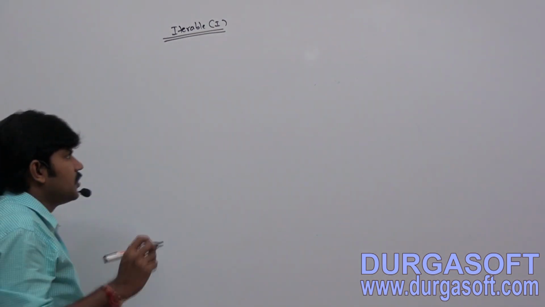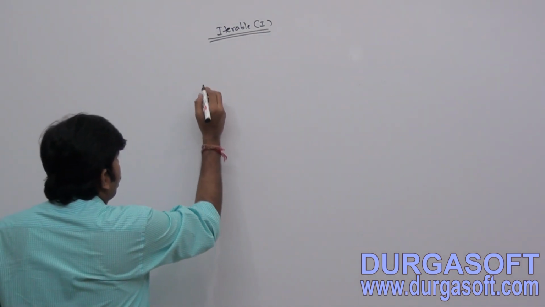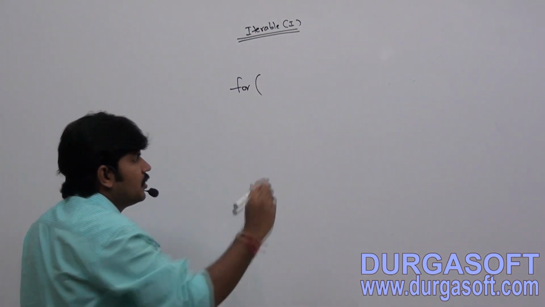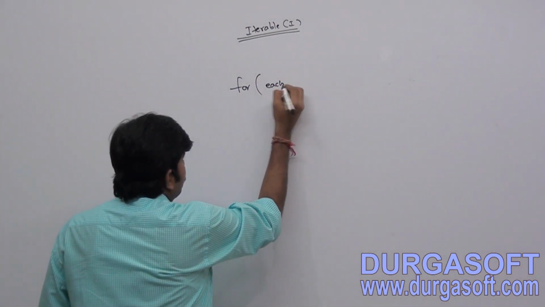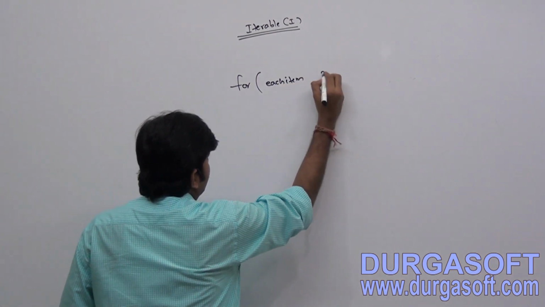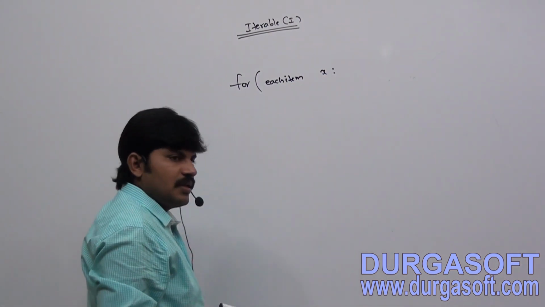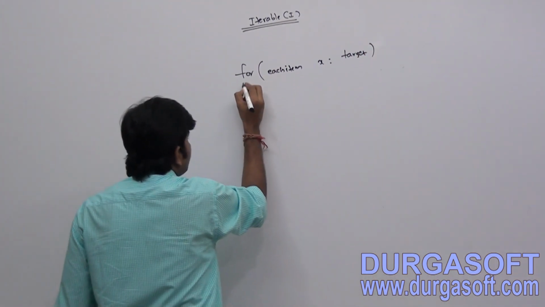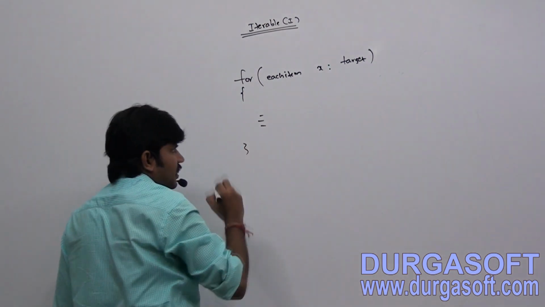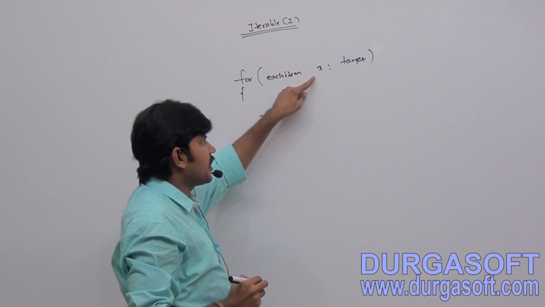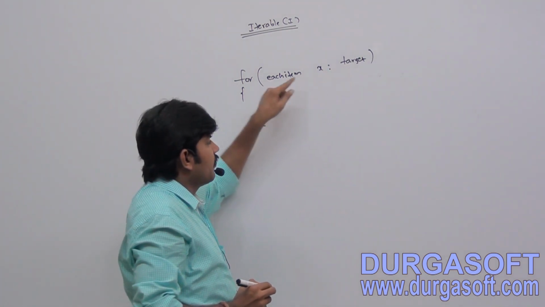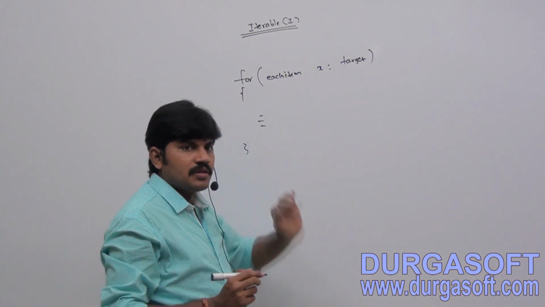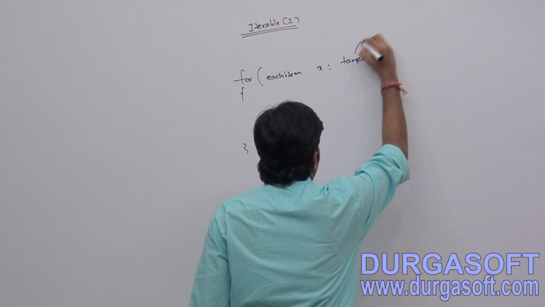Now observe the syntax of the for each loop: for each item x in target. For every element x in this array or this collection.